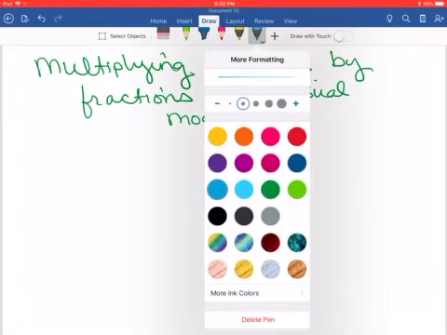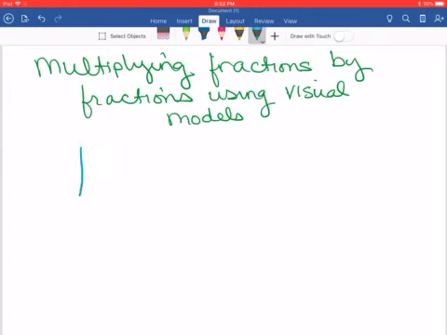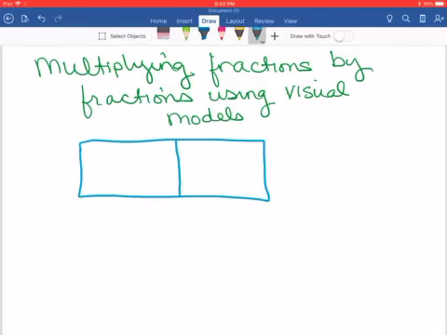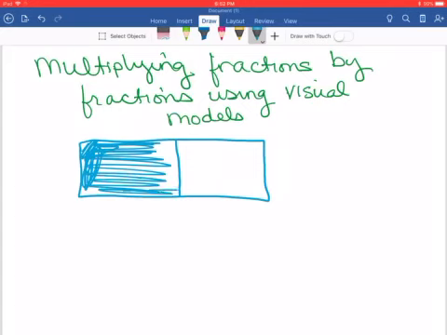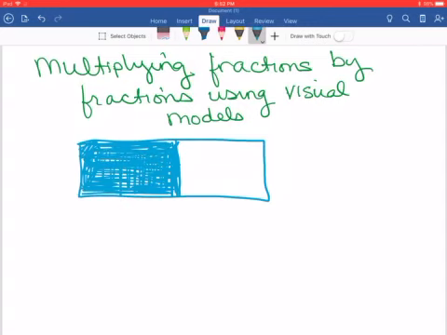All right, so I've got my fraction bar. I'm going to break my fraction bar in half, and I'm going to color in half of that half. So we could even say that maybe this half is half of a candy bar. So I have my half of my fraction bar here.